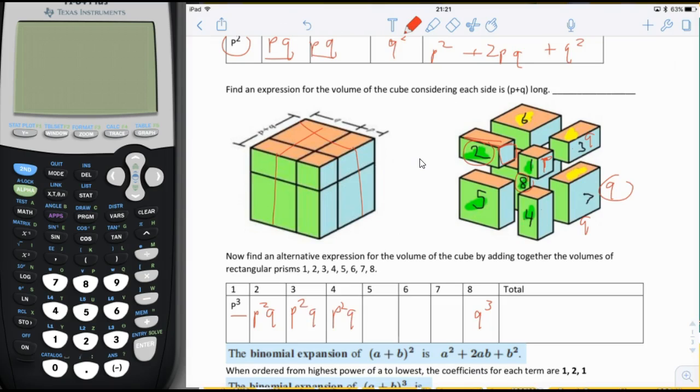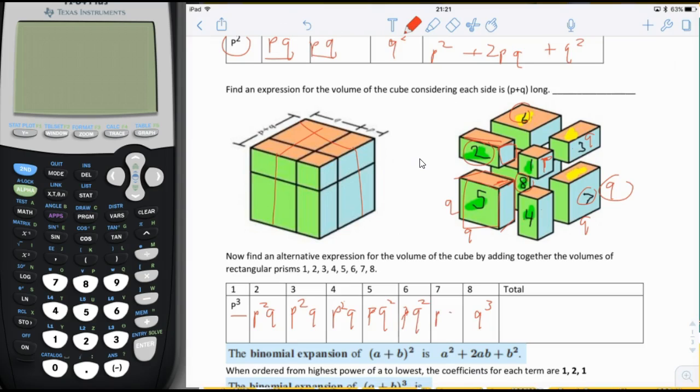What about box 5? Box 5 is also kind of a rectangular prism. It has 2 sides that are q and q, and it's got a depth which is p. So instead of p squared q, it's pq squared. Boxes 6 and 7 are the same shape, so pq squared and pq squared.